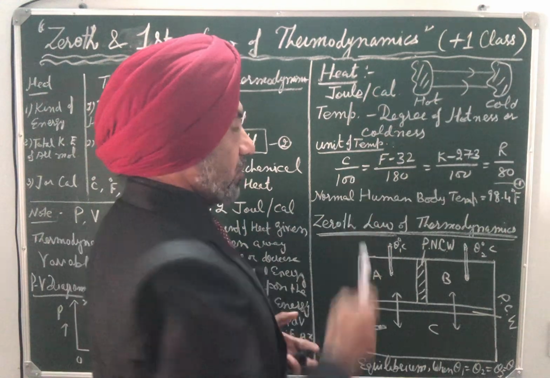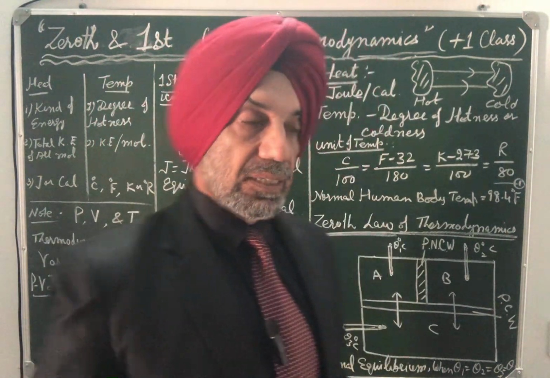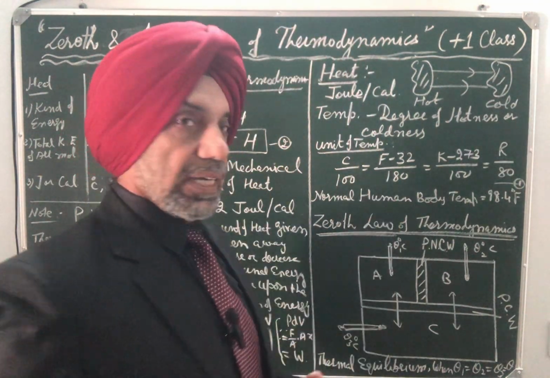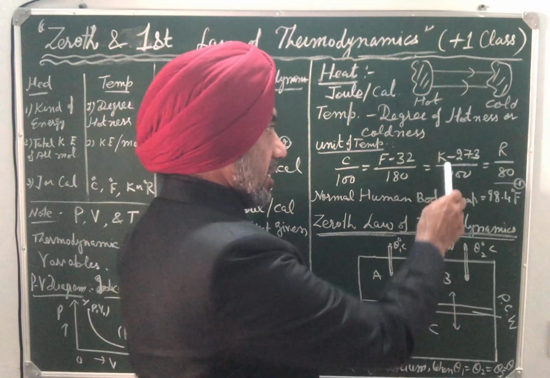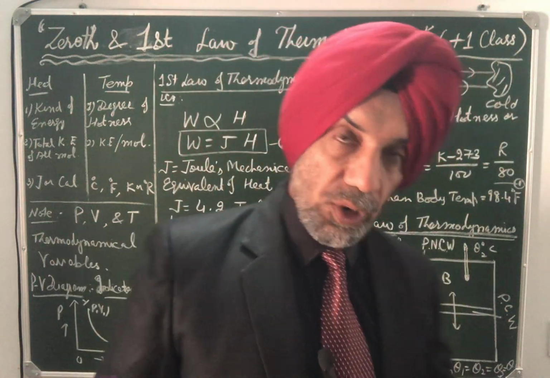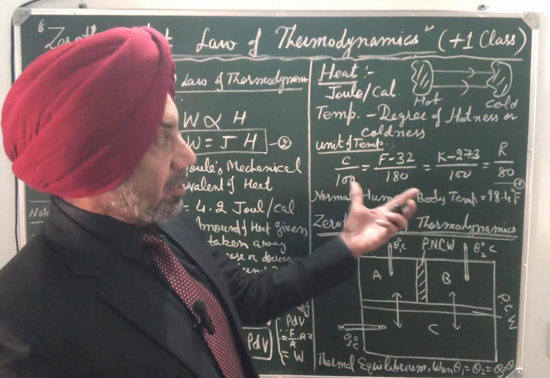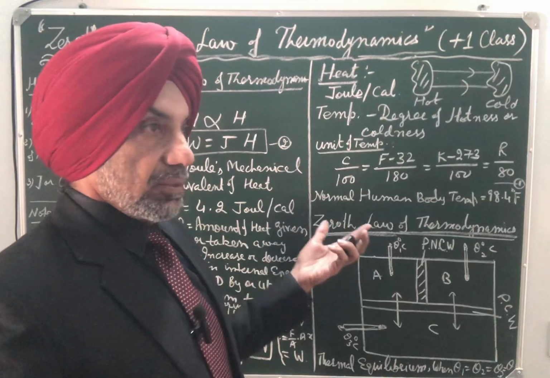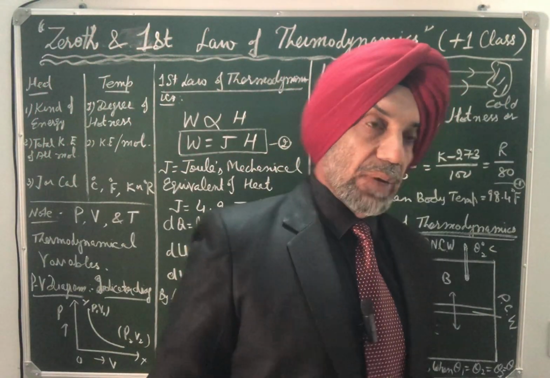Where C stands for degree Celsius, degree centigrade, F stands for degree Fahrenheit, K stands for Kelvin, R stands for degree Reaumur. So we can convert temperature from one scale to another by using this relation.